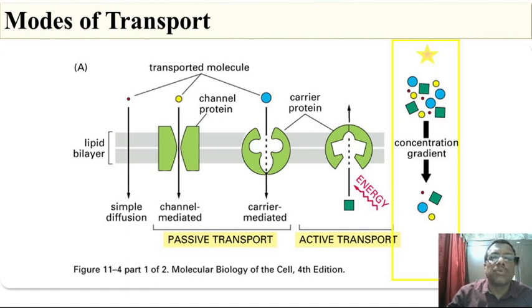Through the carrier protein, the molecules are transported inside or outside by spending some amount of energy. ATP is required. This is called active transport. This is called passive transport. Simple diffusion and channel mediated are called passive transport, and carrier mediated is called active transport.